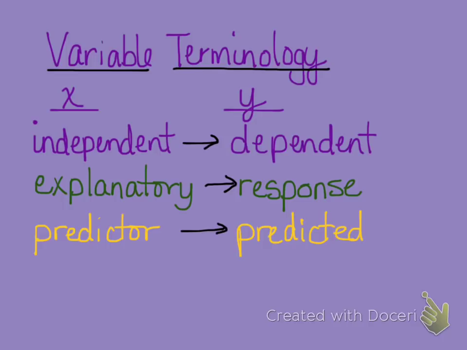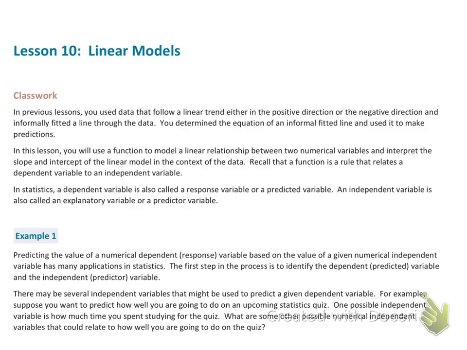So let's go back to example 1. Predicting the value of a numerical dependent or response variable based on the value of a given numerical independent variable has many applications in statistics. The first step in the process is to identify the dependent variable and the independent variable, or the predicted and predictor variables.